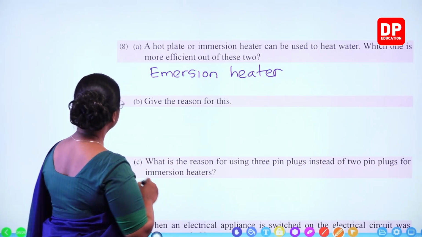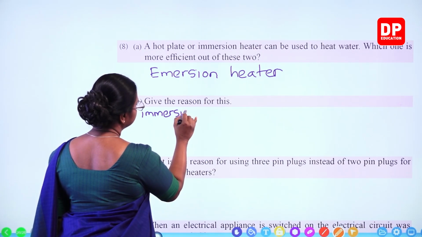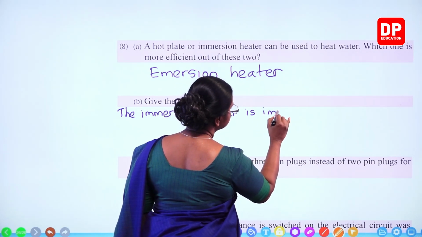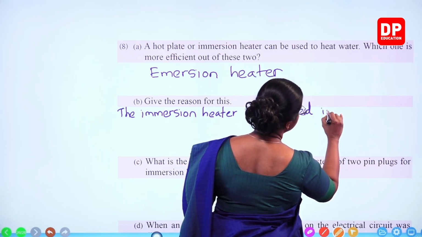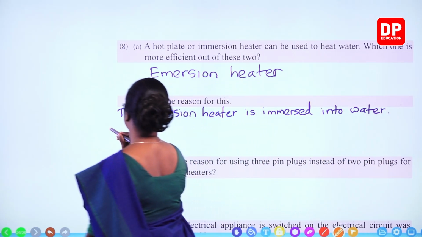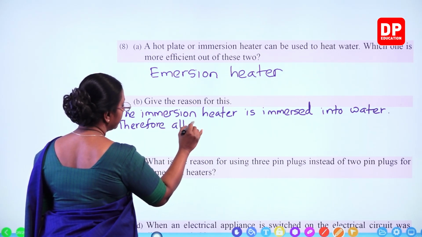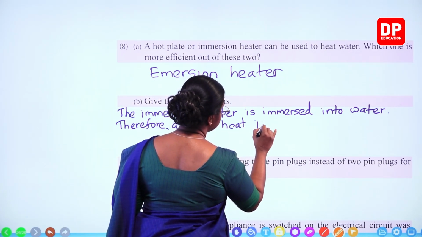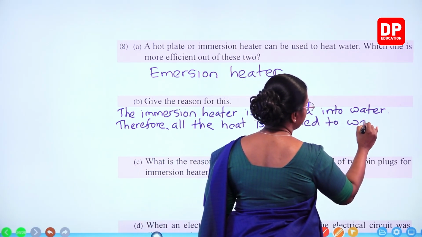So to give the reason, we can say the immersion heater is immersed into water. Therefore, all the heat is supplied to water.